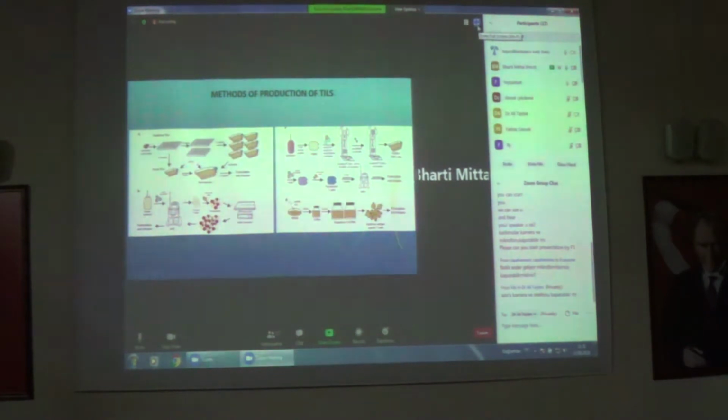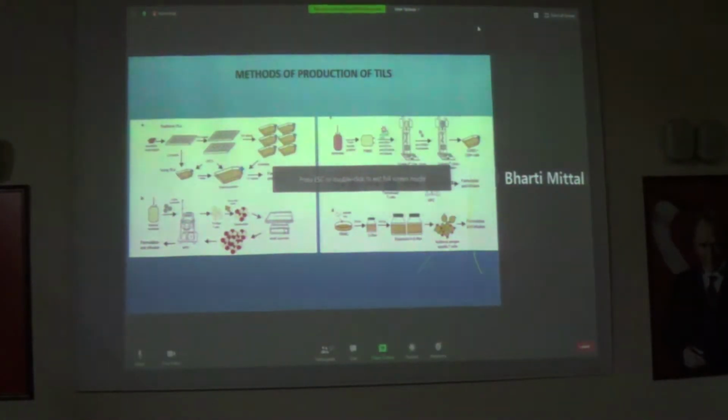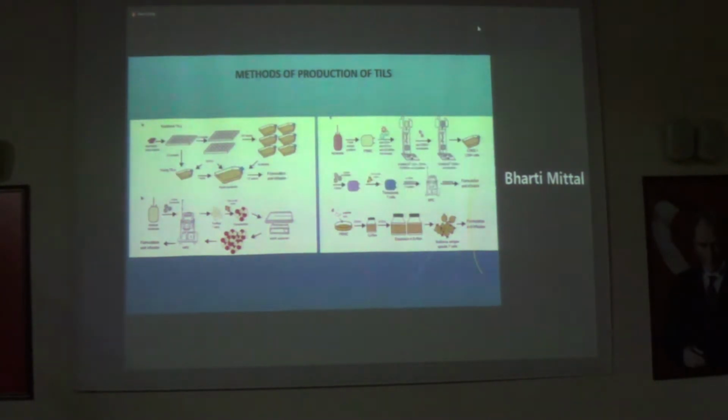Let us see the different methods for TILs. TILs are tumor infiltrating lymphocytes, and there are different procedures and methods to produce them. I have shown here the 4 common processes for TILs production. In figure A, it is a very conventional process.